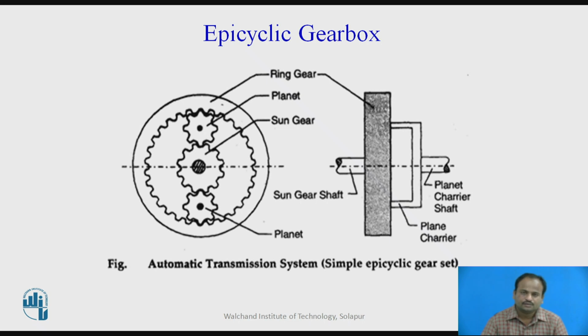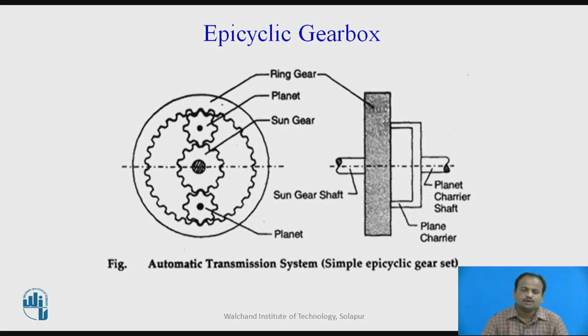Here there is a sun gear which is mounted on the input shaft, and the planetary gears are arranged around the sun gear, and there is a casing gear, also called the ring gear, mounted on the planetary gears, and the ring gear and the planetary gears are connected to the planetary carrier.